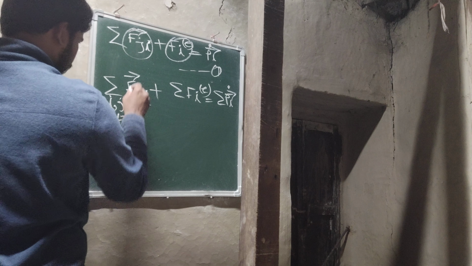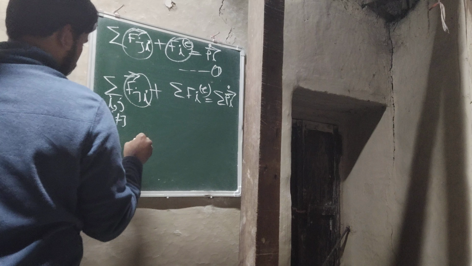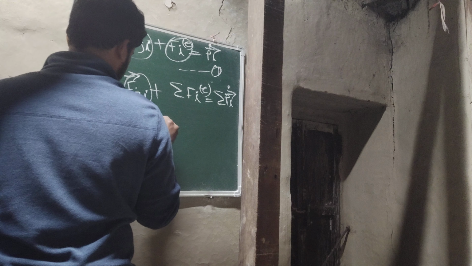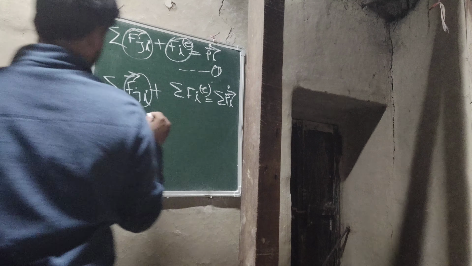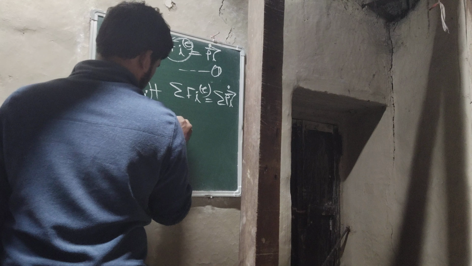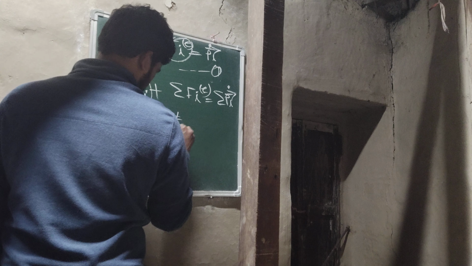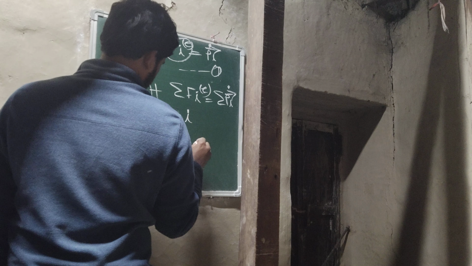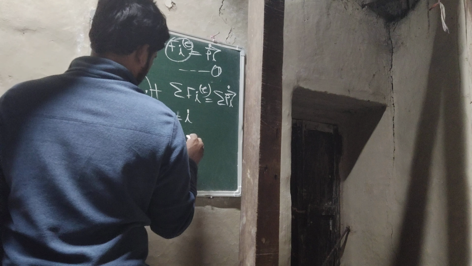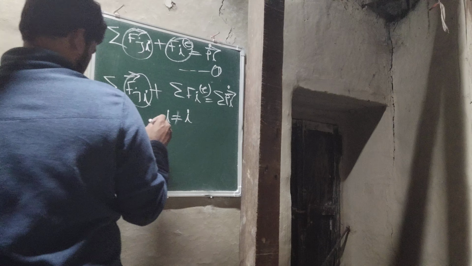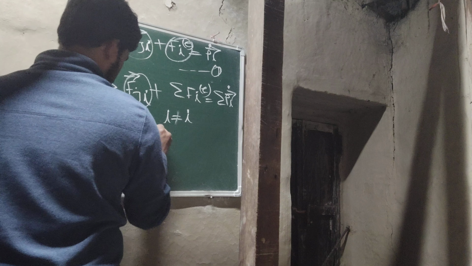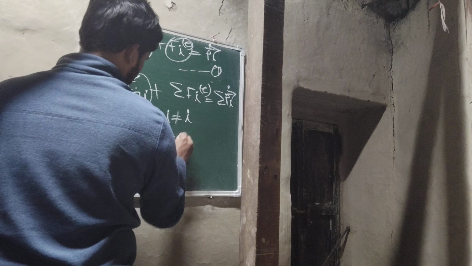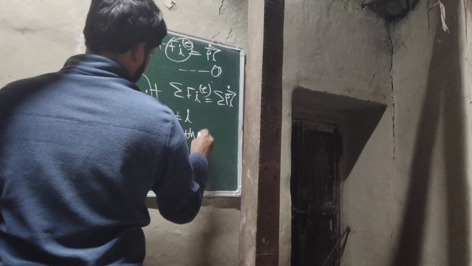Here F_ji vector does not happen when i equals j, because internal force on the ith particle due to the ith particle is not possible.